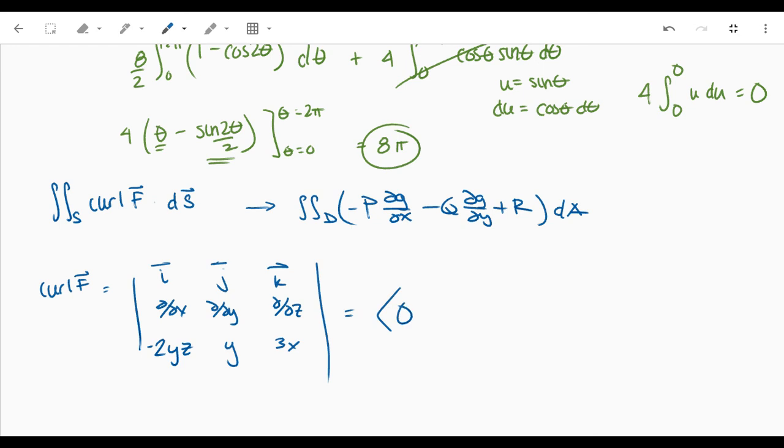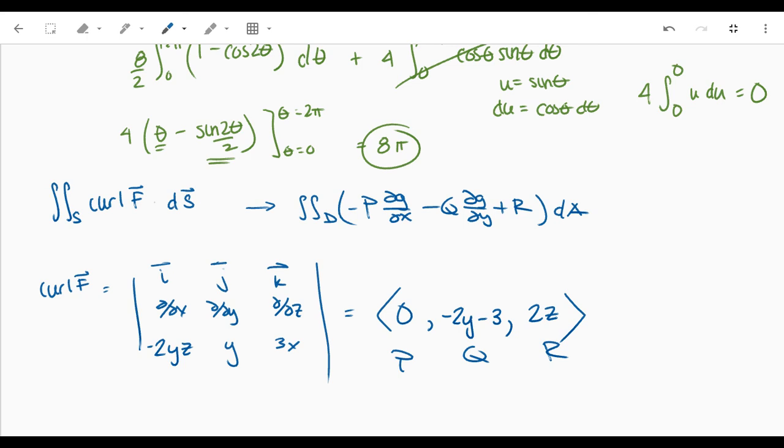Our j components give us, let's see here, negative 2y minus 3. And our k components here give us a 0 minus a negative 2z, so 2z. Okay, so there's your p, q, and r.